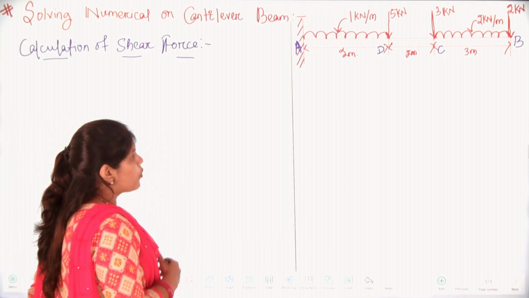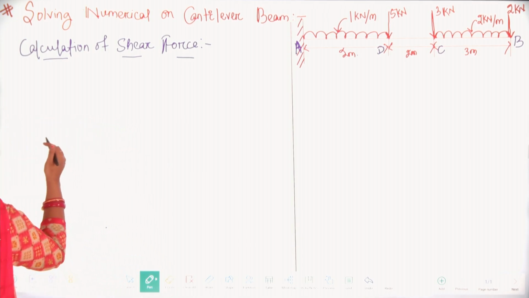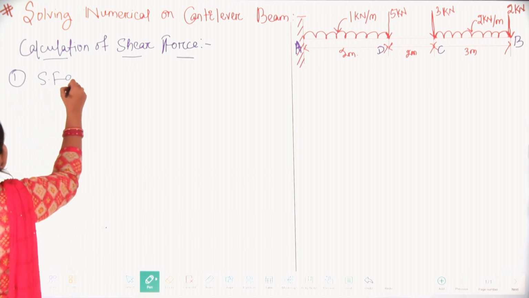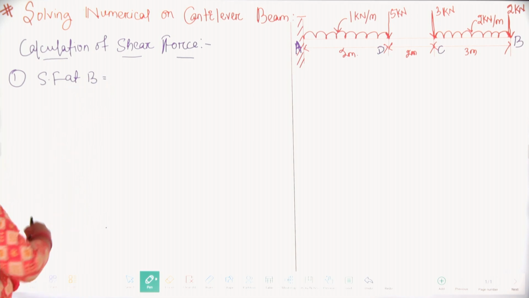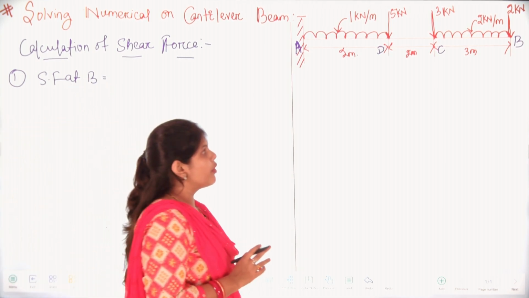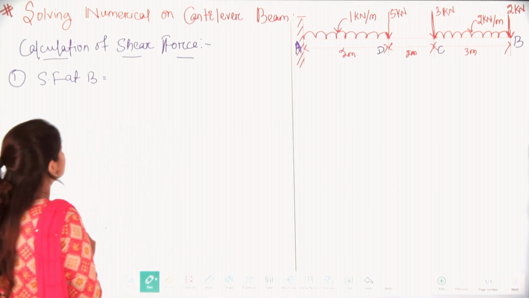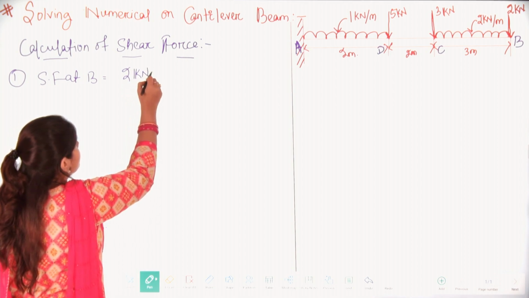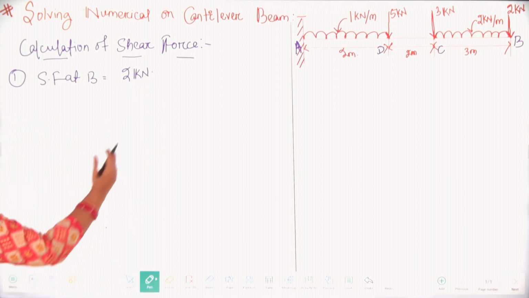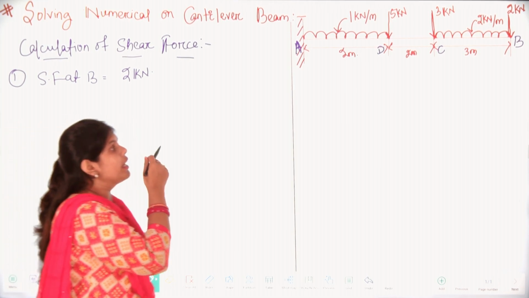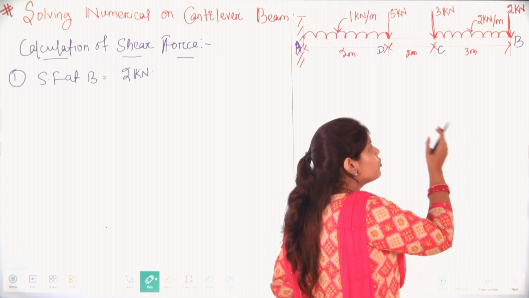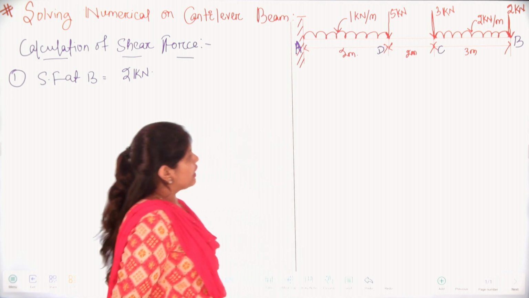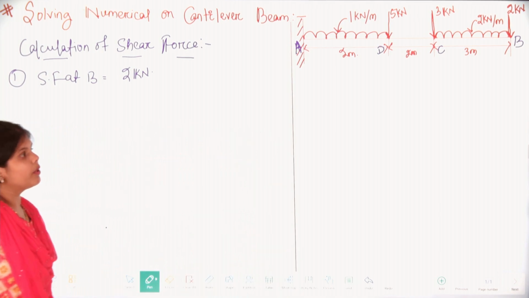Here we will start from point B and find the shear force at B. At B we have only a point load, that is 2 kilonewton, so this will be 2 kilonewton. As we are calculating from the right hand side, always remember we need to fix one point and calculate from that side. So I have chosen the right side.